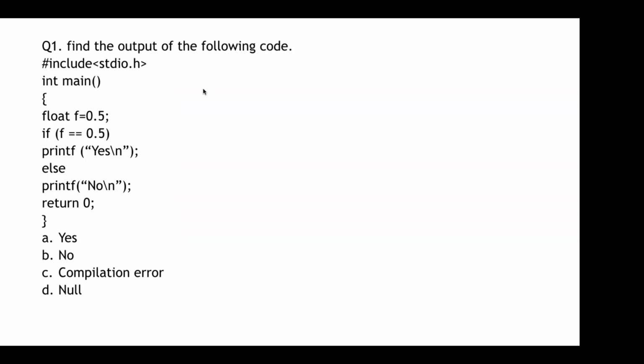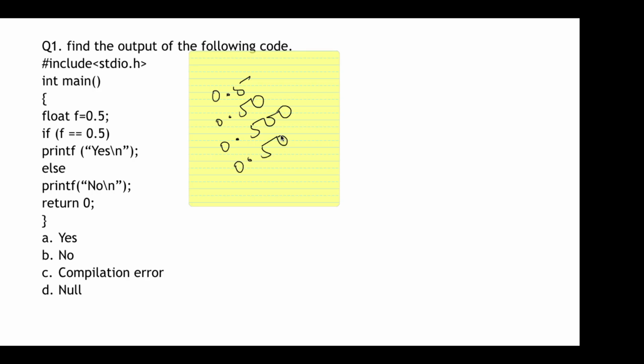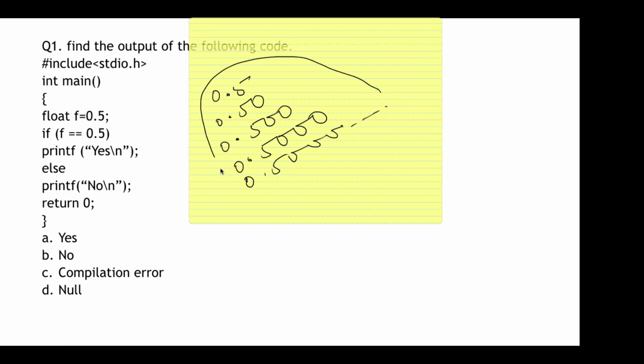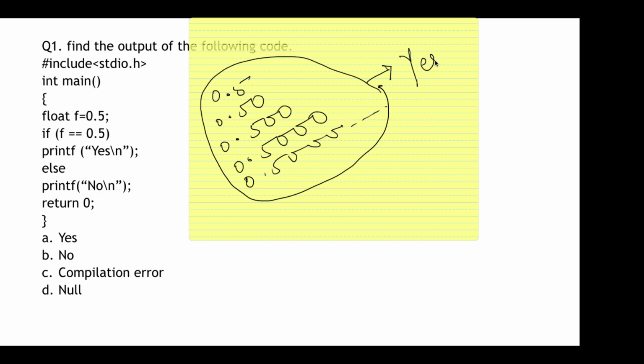So, remember, any number other than 0.5 or 0.50 or 0.500 or 0.5000, you can add any number of 0s after 5. Whatever, if the decimal begins with 0.5, remember, for such questions where there is typecasting, where the value is being compared with a float value, the answer will be yes.